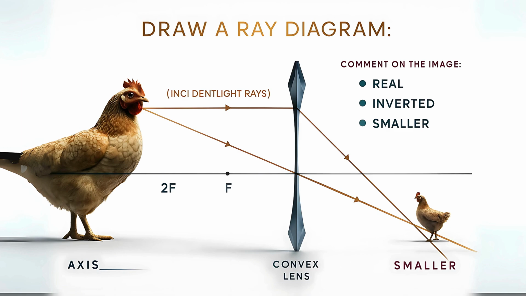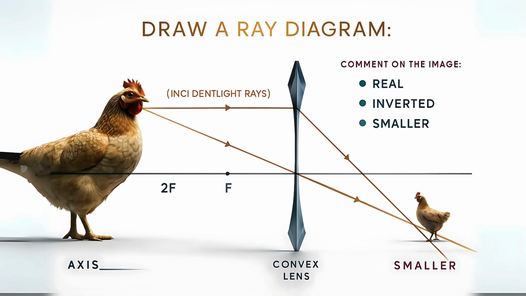As before, the ray that passes through the center of the lens will continue in a straight line and will not be refracted. The ray that travels parallel to the axis, on the other hand, will be refracted and bent so that it passes directly through the focal point on the opposite side of the lens. Once both rays have been drawn, we locate the spot where they intersect and mark that point as the top of our image, perhaps in this case the beak of our cartoon chicken, and draw in the rest of the image accordingly.